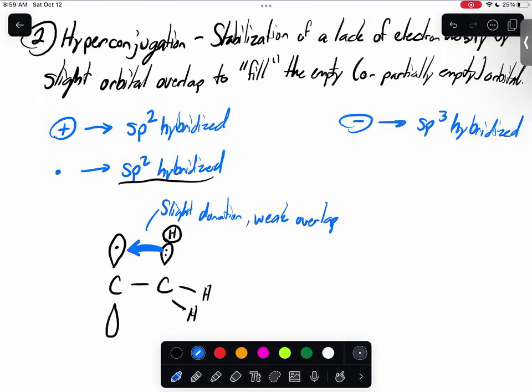And the thing is, the more CH bonds you can do this with, the better. But you can only do it for one bond connected to the carbon that's connected to your radical. So this is trigonal planar, right? So we have one thing going back into the page, one thing coming out. If those were also carbons with bonds like this to hydrogens, they could also perform this donation.